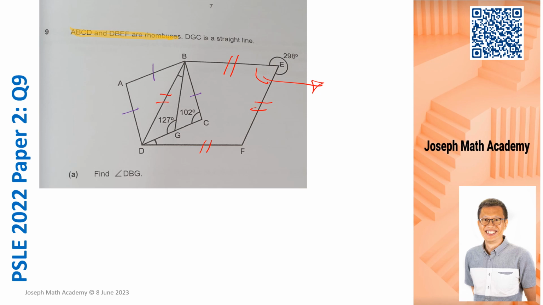Reflex angle is 298, and at point E, we can apply the property sum of angles at a point. So this angle is simply 360 minus 298, which gives us 62 degrees. So I can plug in 62 degrees here.